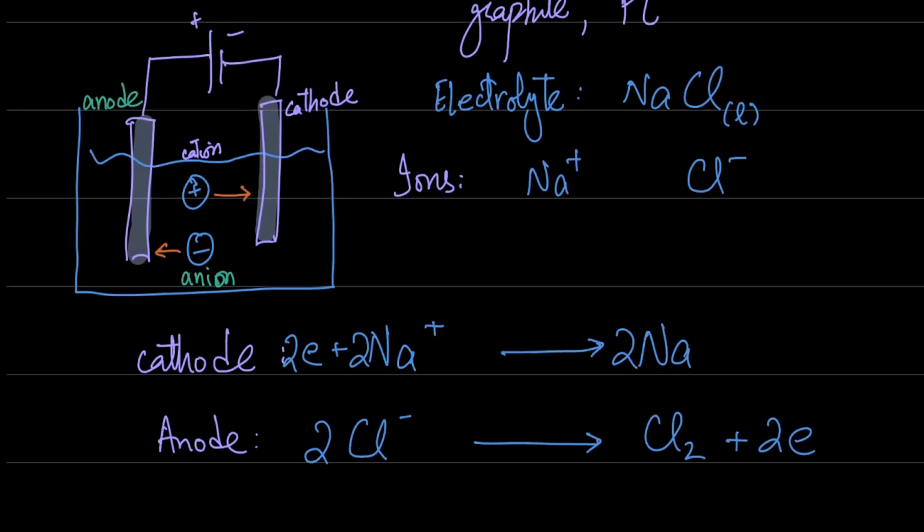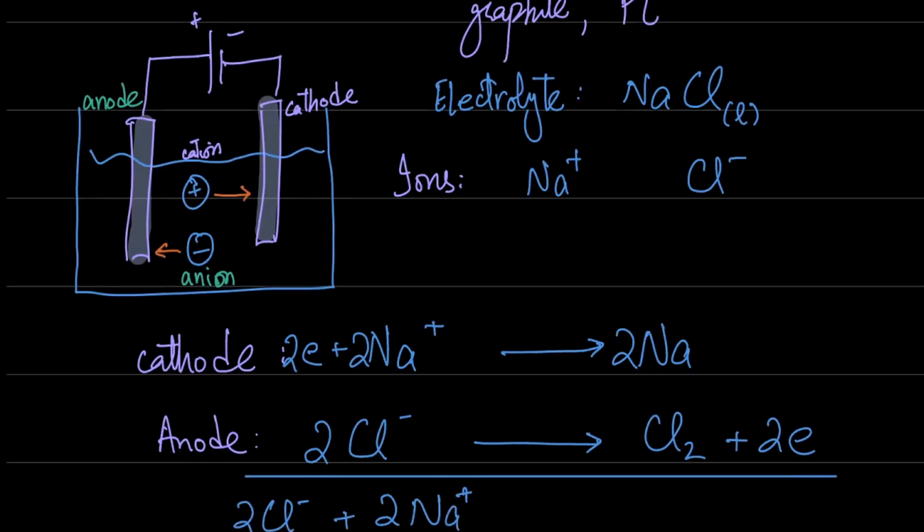And so what do we get? हम इस equation को लिखेंगे 2 chloride plus 2 sodium. इलेक्ट्रॉन दोनों साइड्स में हैं, तो उसको नहीं लिखना. Makes 2 sodium plus 1 chlorine. And there you have it. We have made sodium chloride से simple sodium and chlorine. Done. Clear?